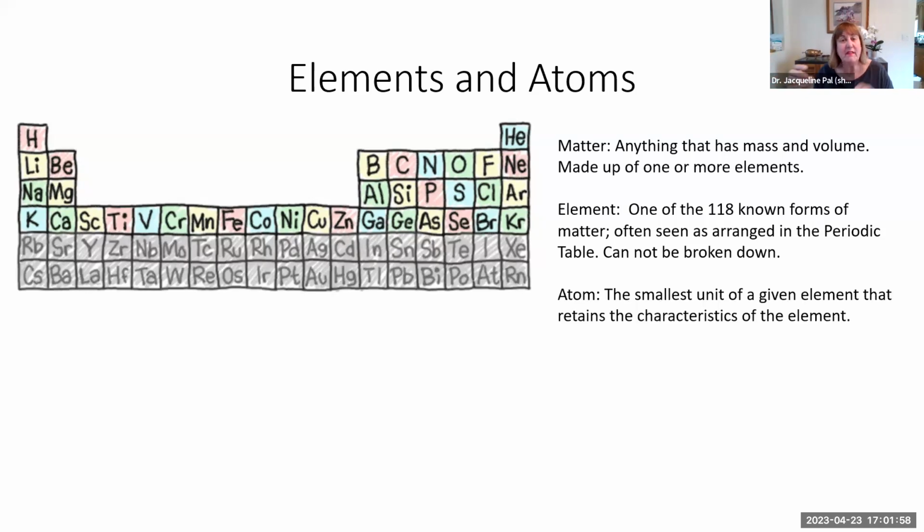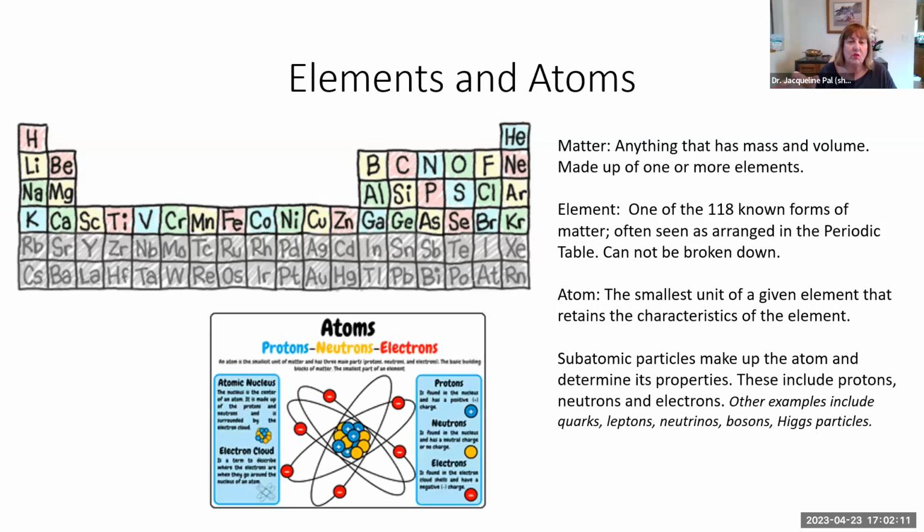But what is important about elements is they cannot be broken down into smaller individual chemicals. Now, the difference between an element and an atom is that the atom is the smallest unit of an element, and so it still has the characteristics of that element. And when you were in school, you learned about atoms having subatomic particles. All that means is particles that are smaller than the atom itself.